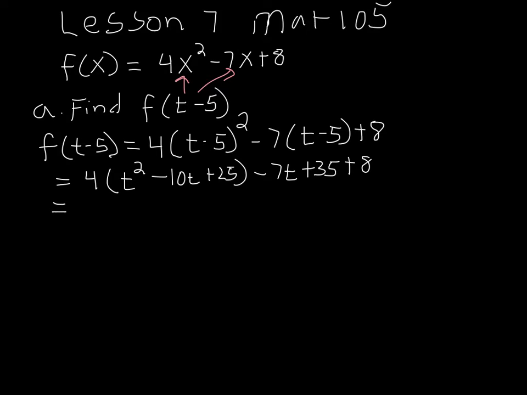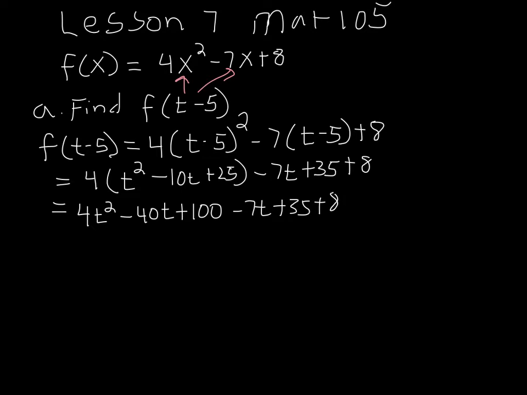And I think you can see where this is going. So now we're going to go ahead and distribute the 4. So you have 4t squared minus 40t plus 100 minus the 7t plus 35 plus 8.